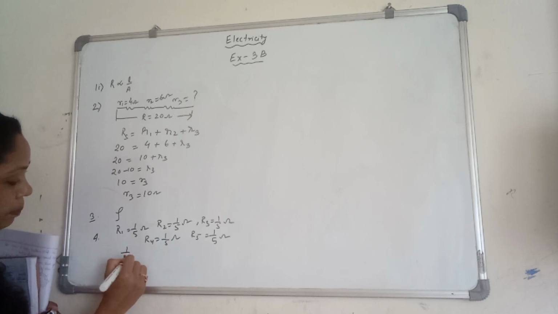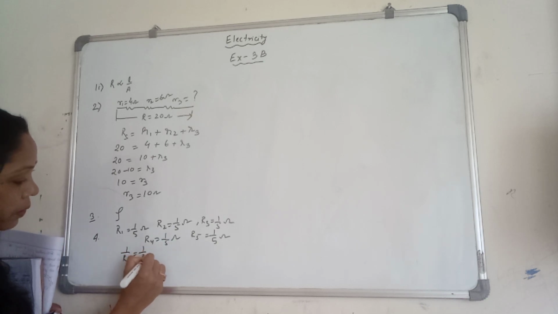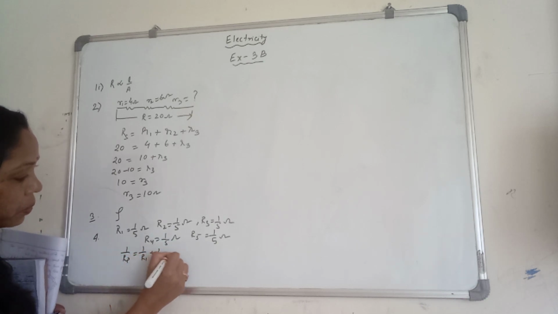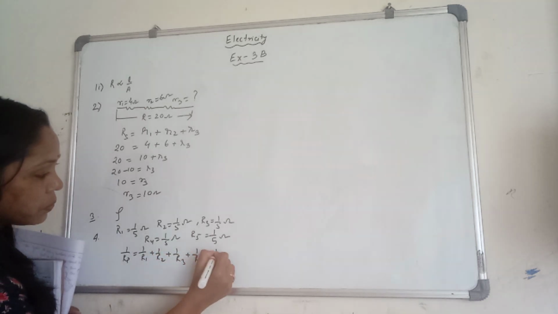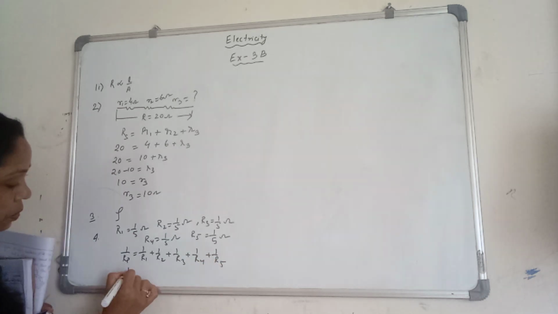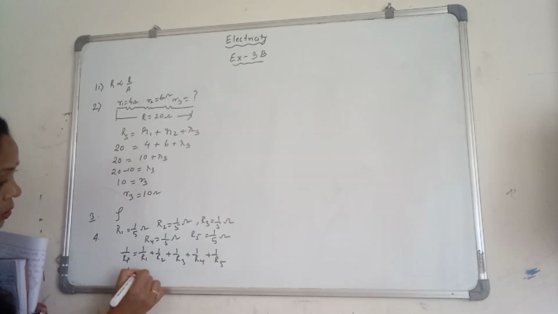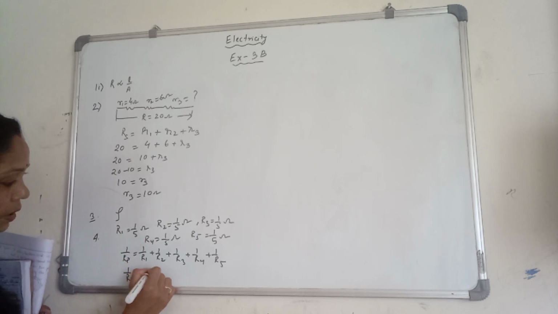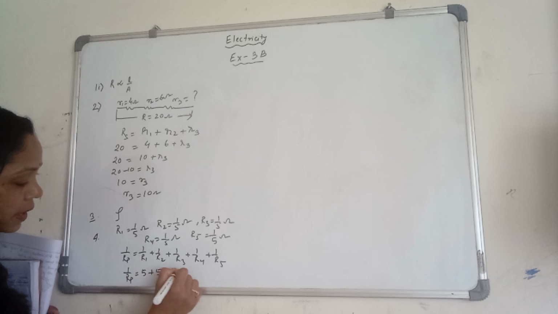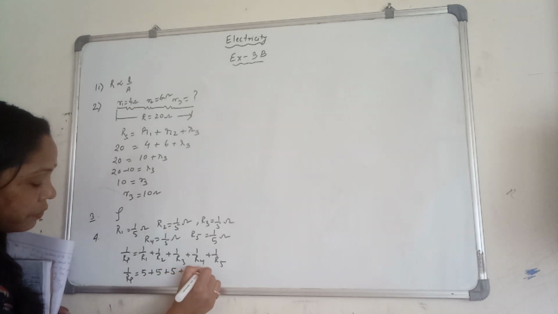So 1 by Rp is equal to 1 by R1 plus 1 by R2 plus 1 by R3 plus 1 by R4 plus 1 by R5. So 1 by Rp is equal to, reciprocal of 1 by 5, R1 will be 5. This is again 5, again 5, 5, 5.